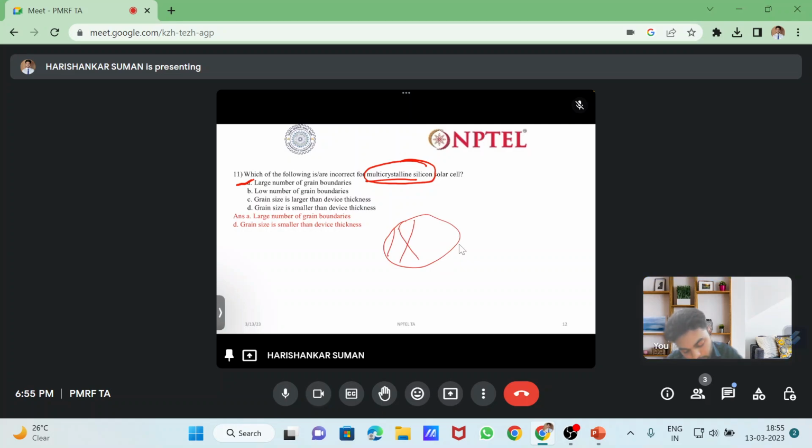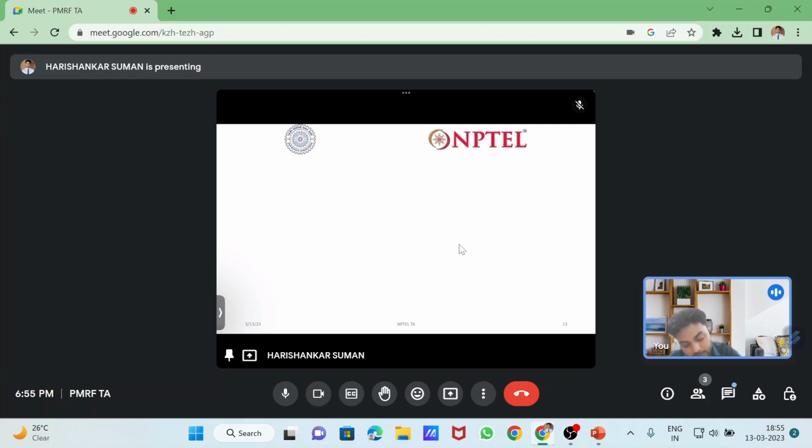Sir, here recombination is high, na sir? Multi-crystalline, yes. Due to grain boundaries, traps are created. Grain size must be smaller in multi-crystalline.